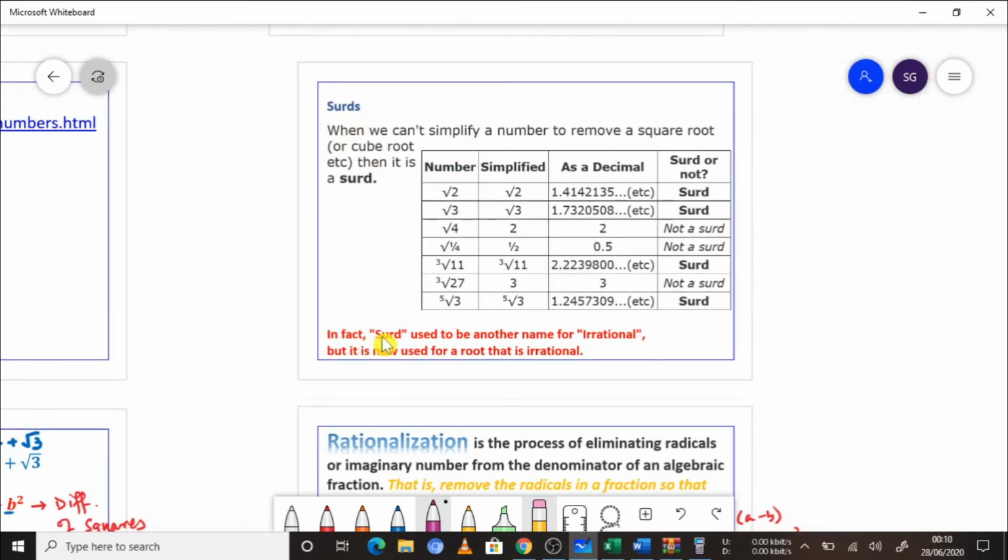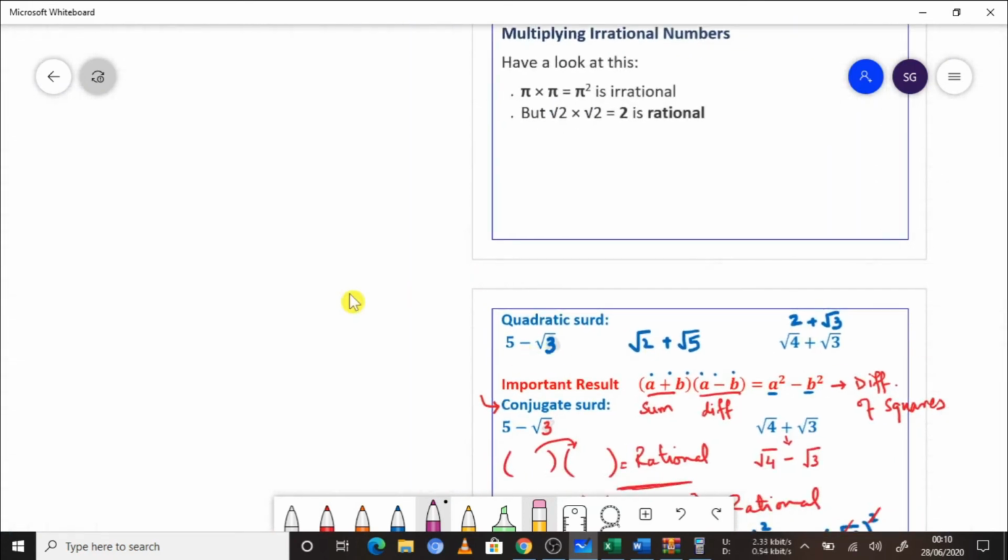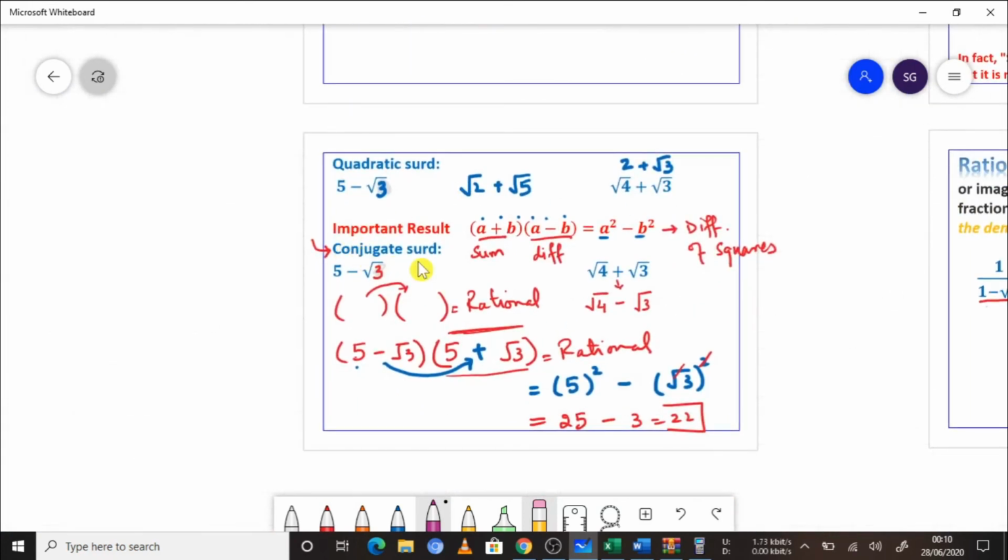Surds used to be another name for irrational numbers, but not anymore. It is now used for a root that is irrational. And we also learned what is a quadratic surd and then what's a conjugate surd. In fact, both of these are conjugates of each other. It's not like 5 minus under root 3 is the original surd and this is the conjugate surd.